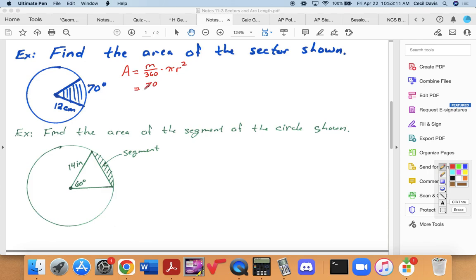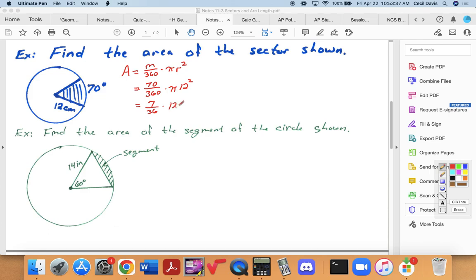So that'll be 70 out of 360 times pi times 12 squared. Let's see, that's 7 over 36 times, and I'm not going to square the 12 right now.